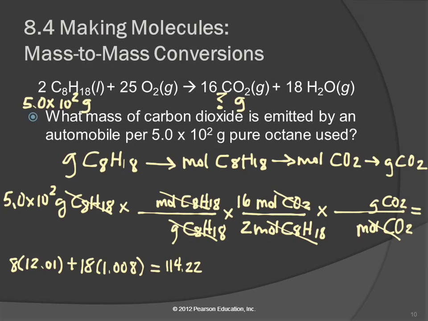Now, if you're clear on what that is, you don't necessarily have to write units in your little notes to yourself down here, but I'm going to write them in, at least this first time.